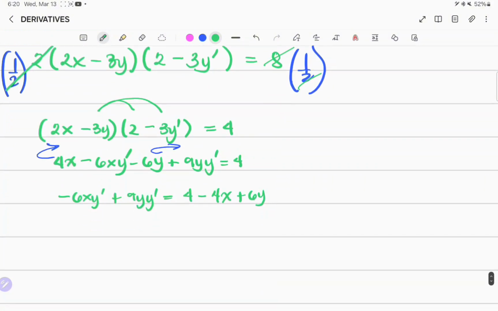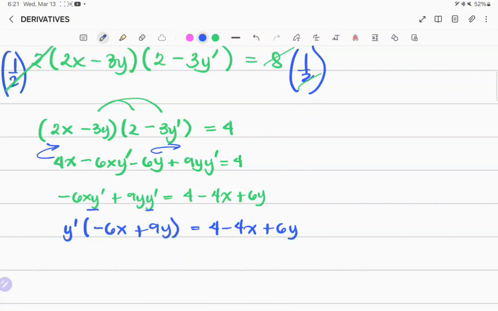Then we have to factor out y prime in this left side, and that will give us y prime times negative 6x plus 9y equal to 4 minus 4x plus 6y.